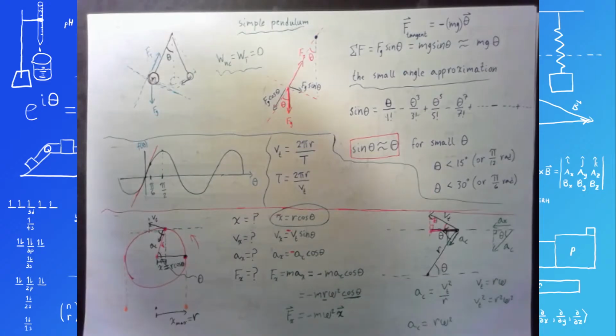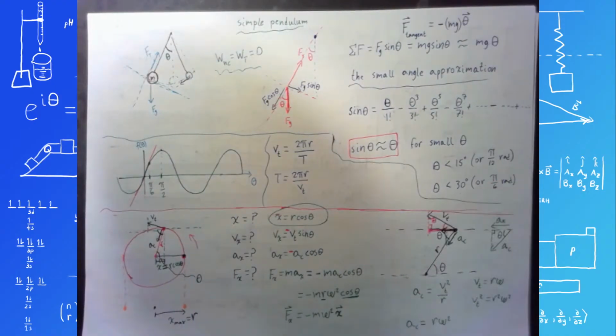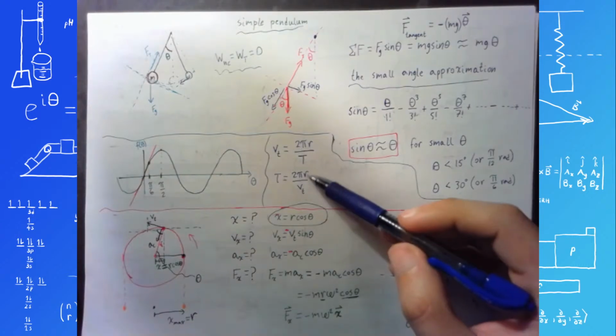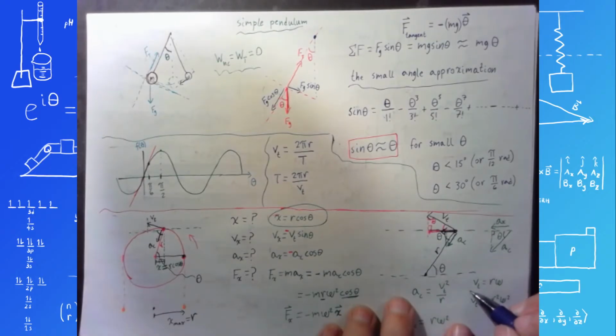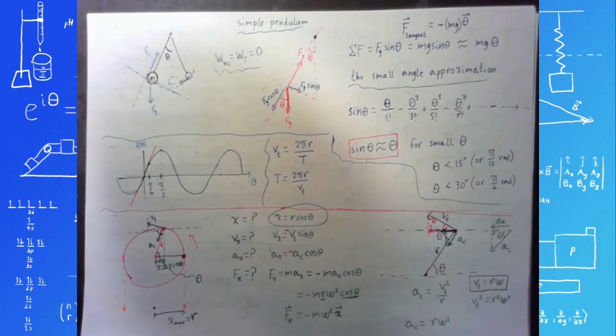Okay, nice. But we can rewrite this now in terms of something new. What is r over v tangential? Well, let's look back over here. V tangential over r is omega, so if we flip it upside down, r over v tangential is 1 over omega.